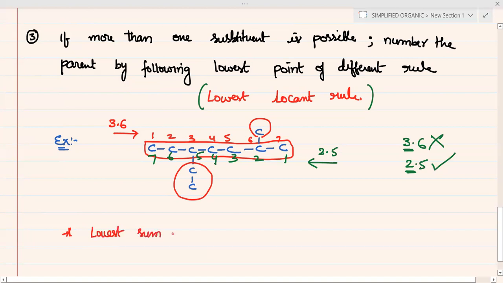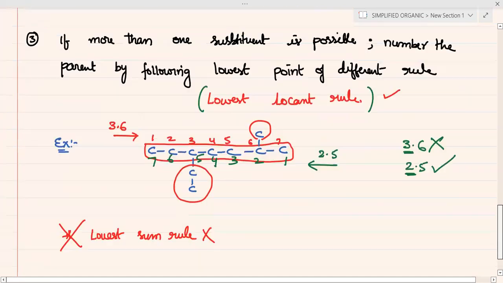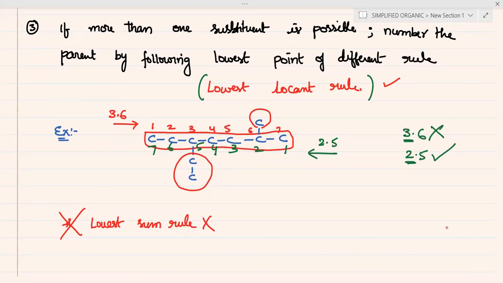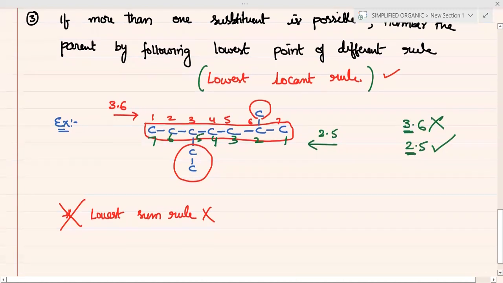You have to follow the lowest point of difference rule, or lowest locant rule. So this is rule number 3. You have to number the parent chain in such a direction that you get the lowest locants for the substituents.